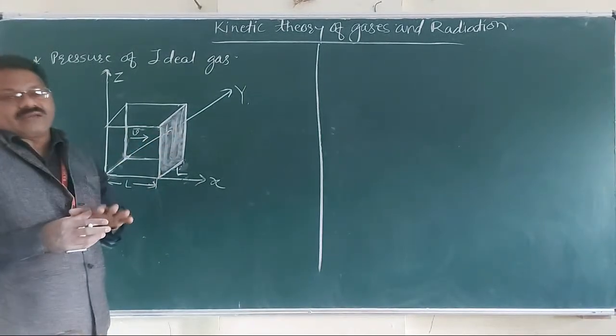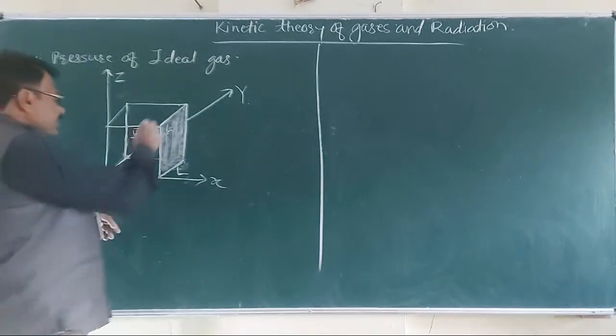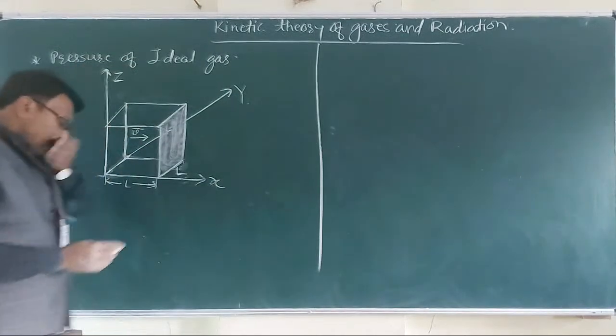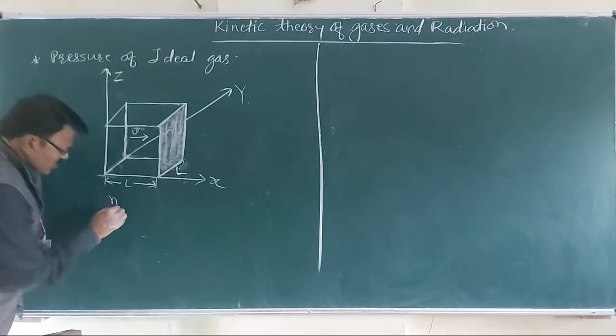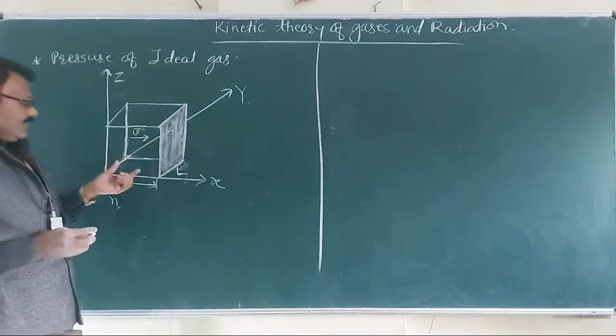That's why these are called elastic collisions. Now consider n moles of gas. It is kept in a cubical box.